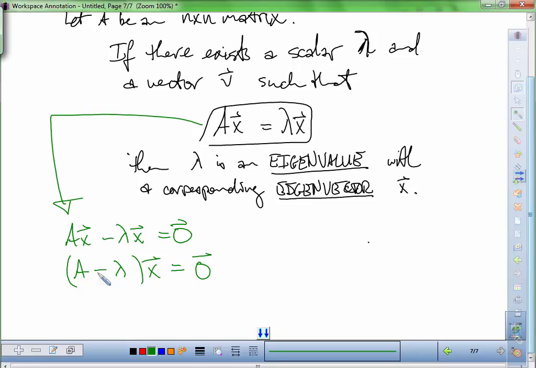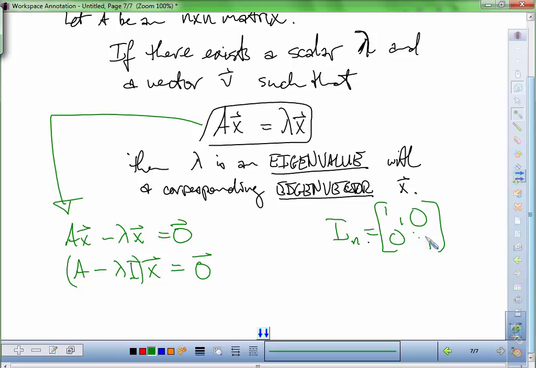Well, if we make lambda into a matrix, how do you make lambda into a matrix? You make lambda into a matrix by multiplying it by the identity matrix I. You guys know what the identity matrix is? The identity matrix depends on the size of the matrix, but it will have 1s on the diagonal and 0s everywhere else.